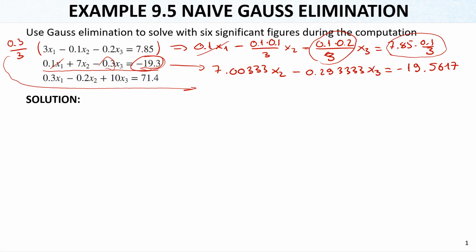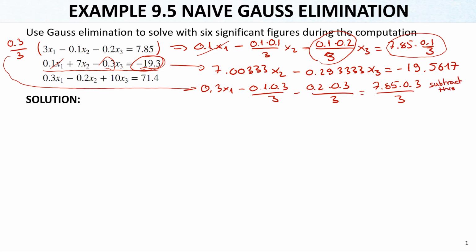So when we multiply it, we will have 0.3 x1 minus 0.1 times 0.3 divided by 3, minus 0.2 times 0.3 divided by 3 is equivalent to 7.85 times 0.3 divided by 3. So this is the first equation. We subtract this from the third equation.